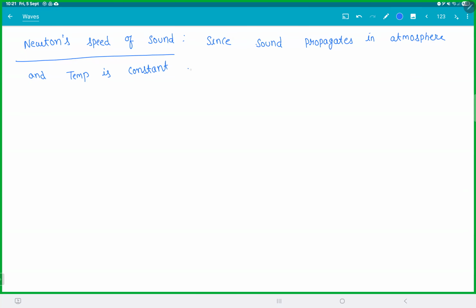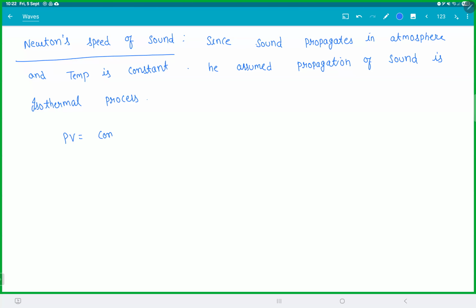Since the sound is traveling in the atmosphere and the temperature of the atmosphere is constant, he assumed the propagation of sound is an isothermal process. That means PV is equal to constant.